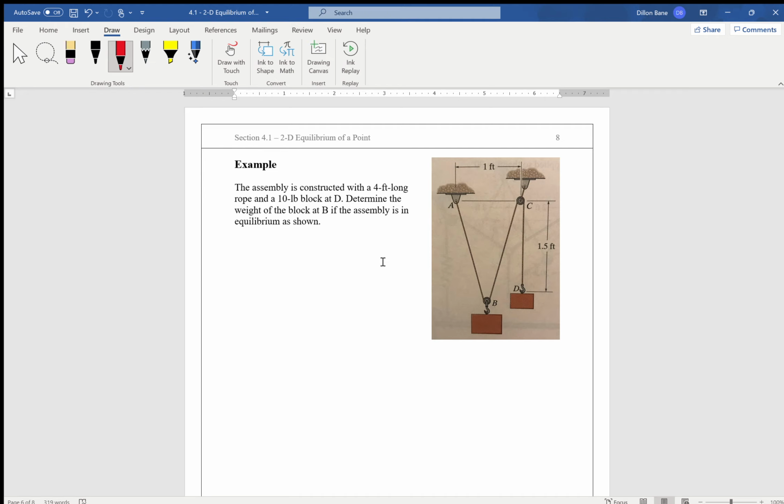The rope that goes from A, B, C, and D, rope ABCD, is 4 feet long, and the block at point D weighs 10 pounds. What we need to do is determine the weight of the block at B if this assembly is in equilibrium in the position that we're given.